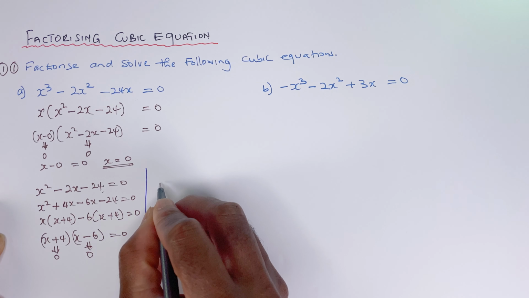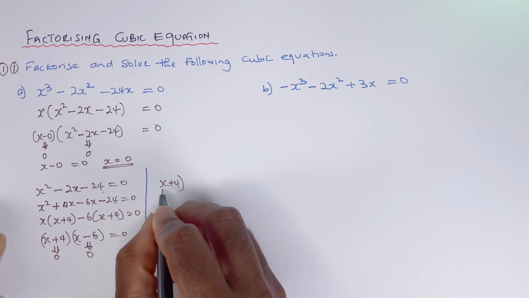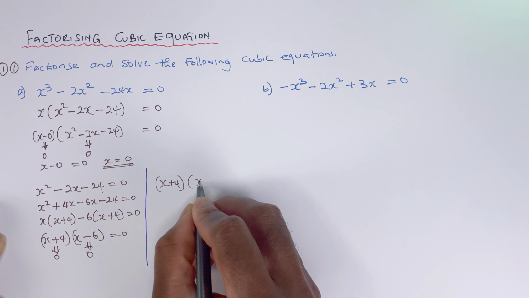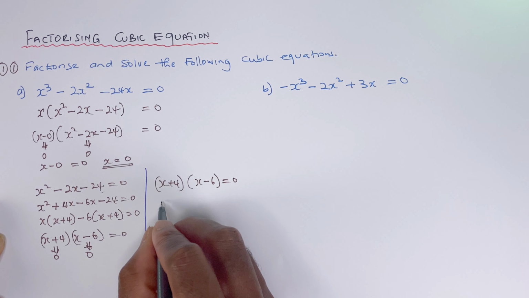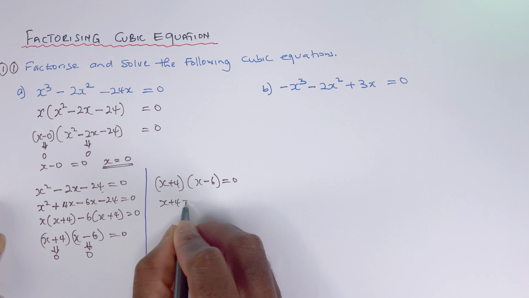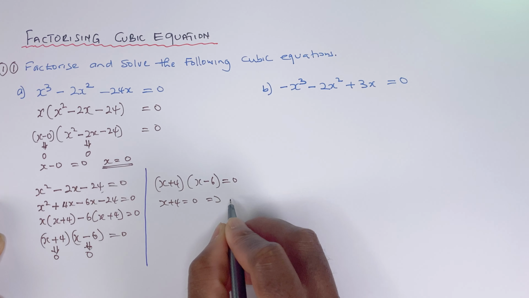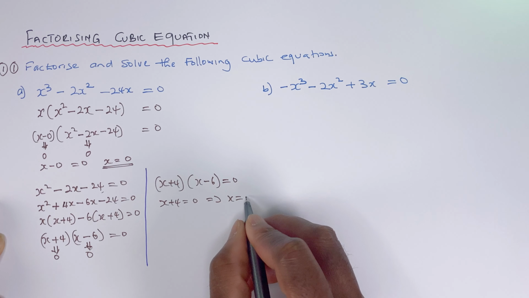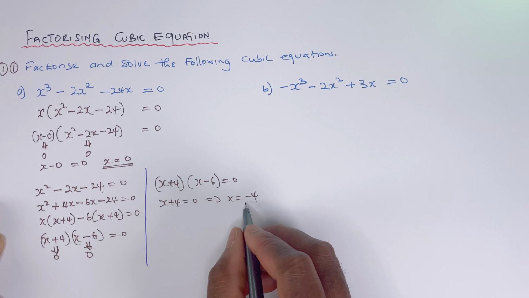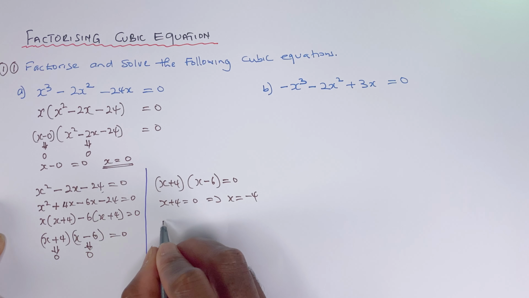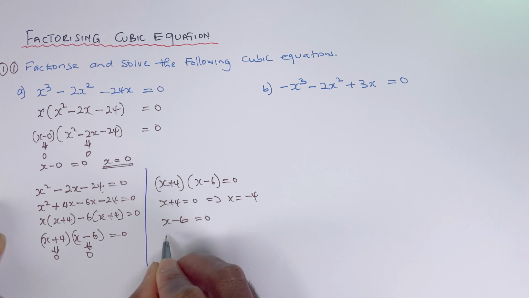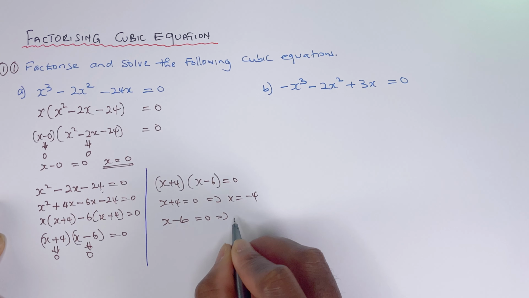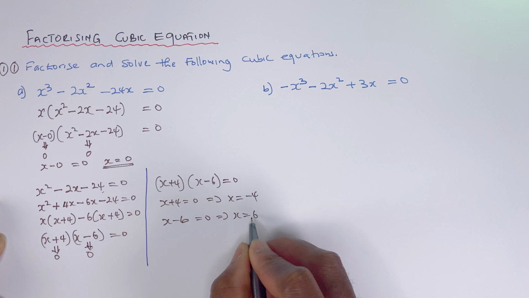So if I write it here, x plus 4 times x minus 6 equal to 0. x plus 4 equal to 0, which implies that x equals minus 4. That's one root. And the other, x minus 6 equal to 0, which implies that x equals 6.